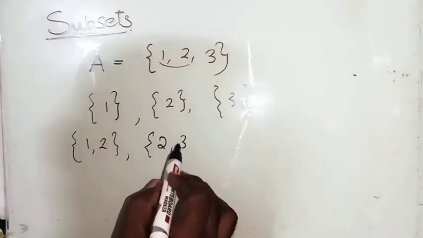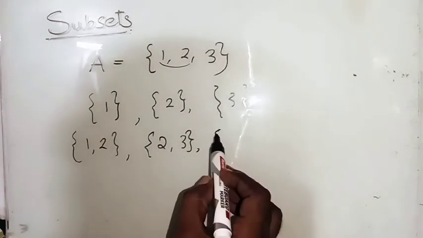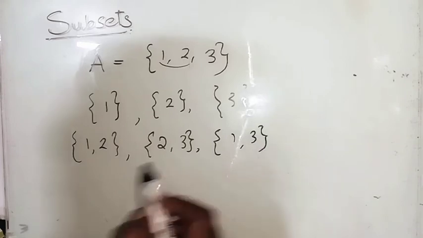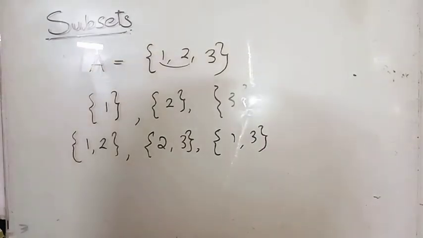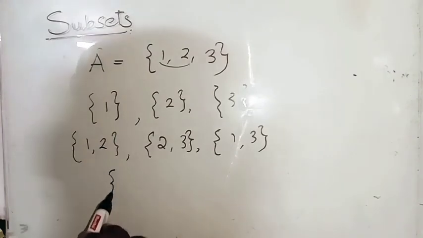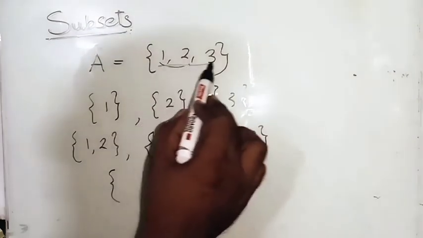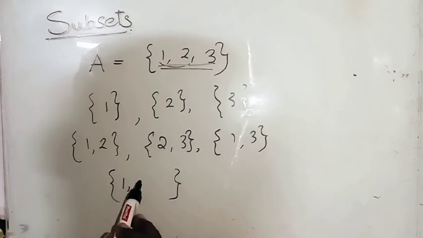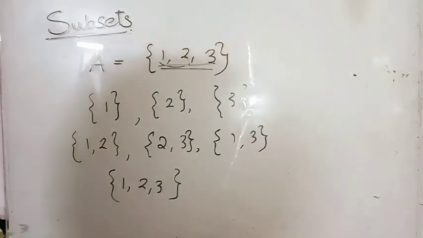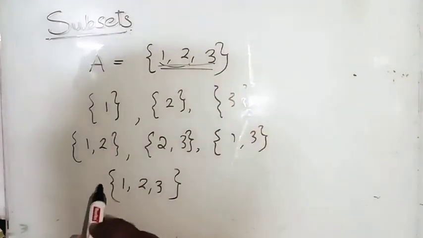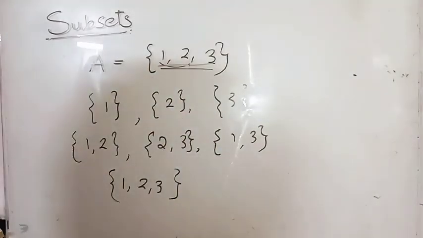Set {2, 3}. Set {1, 3}. Is it over? No. We can frame two more subsets. The seventh one is nothing but the same set. The same set can be a subset of a set itself. So we can say a set is a subset of itself.